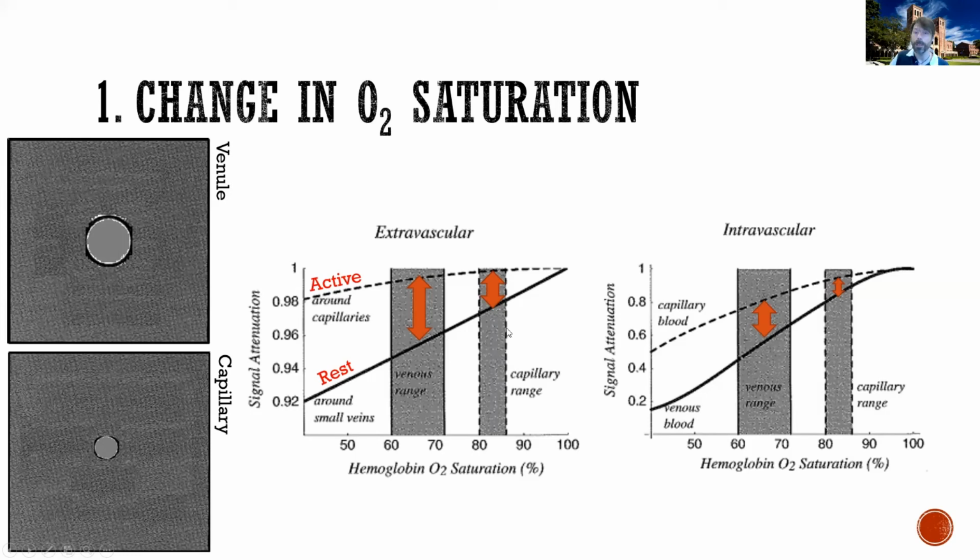So the protons inside the blood vessel dephase almost 50% faster than if there were no deoxyhemoglobin in here. Then neural activity happens, a lot of oxygenated hemoglobin gets inside the blood vessel and is sent to that part of the brain that is having neural activity.